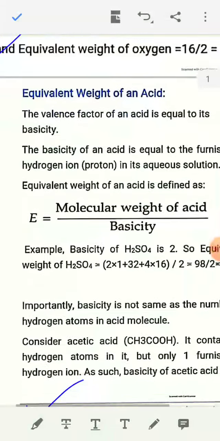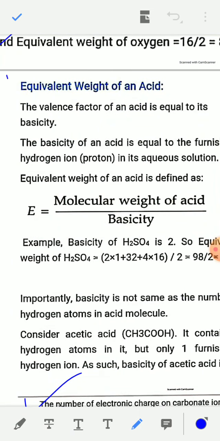Now see equivalent weight of an acid. You can also calculate equivalent weight of acids, bases, oxidizing agents, and reducing agents using different formulas. For an acid, the equivalent weight is equal to the molecular weight of the acid divided by the basicity of the acid. For an acid, the valence factor is equal to the basicity. And what is the basicity of an acid?